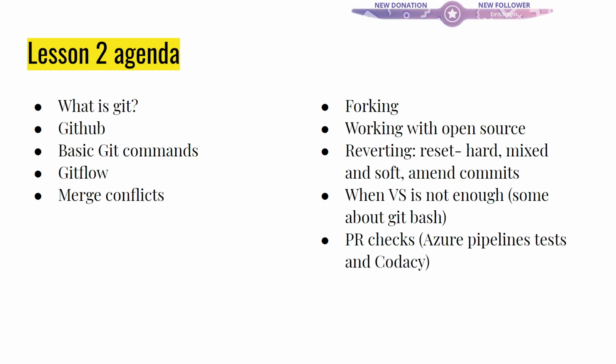What do you need to do to revert the changes that you made, to undo, and some examples of when Git in Visual Studio is not enough and when you need to pull out console. And lastly, automation stuff. So automated code reviews and automated tests.